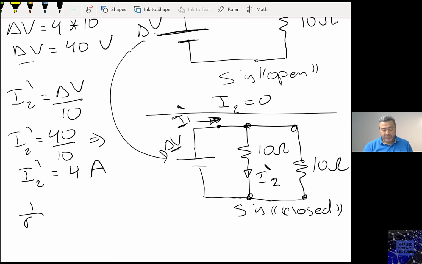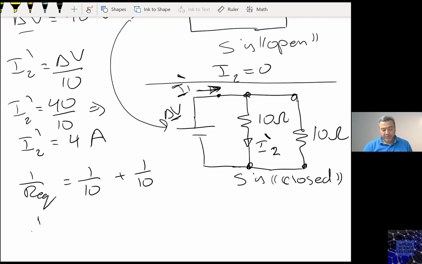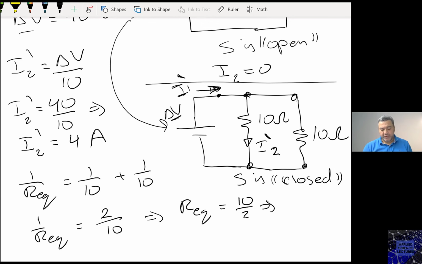Well, 1 over R equivalent equals 1 over 10 plus 1 over 10, right? Then 1 over R equivalent is 2 over 10. Then R equivalent is 10 over 2. R equivalent is 5 ohms.